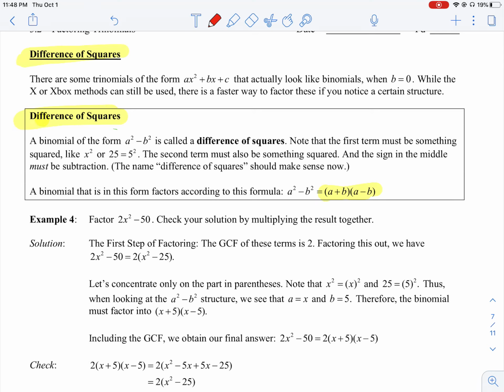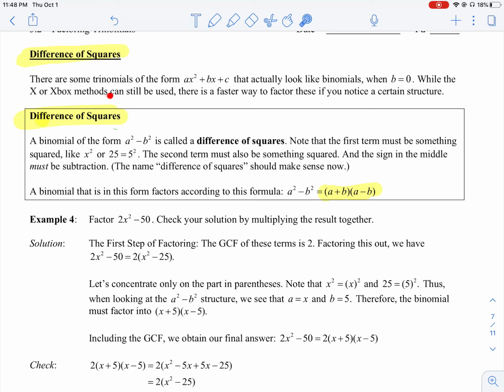Now, this part is like the easiest part of factoring, but it could get a little confusing. So follow me along. There are some trinomials in the form of ax squared plus bx plus c that actually look like binomials when b is equal to 0. So when this is 0 right here.